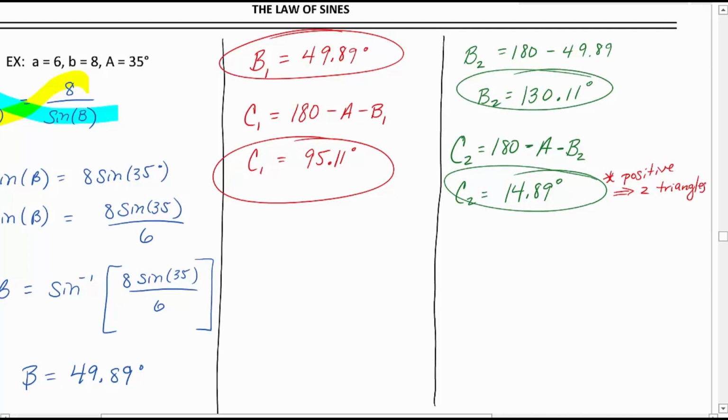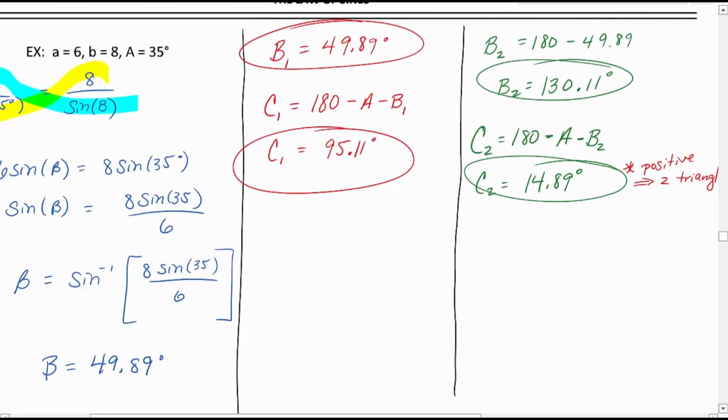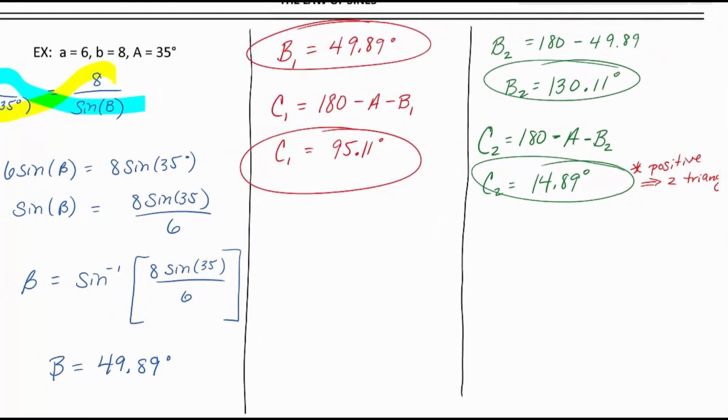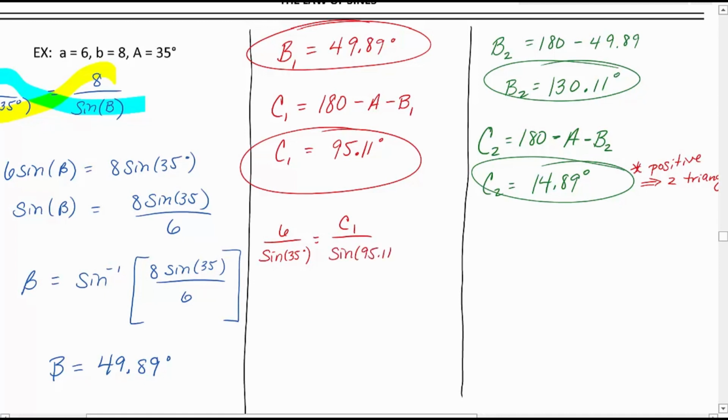All right, last thing we need to do is find side C for both of these situations. To find our side C, we're going to use our known pair, 6 over sine of 35. And that's going to be equal to our side C1 over sine of 95.11 degrees. And we'll cross multiply to solve. 6 sine of 95.11 equals C1 times sine of 35.